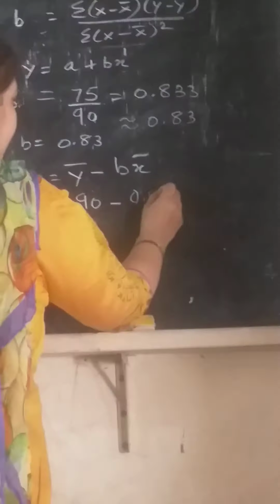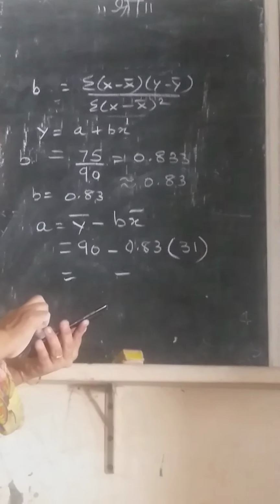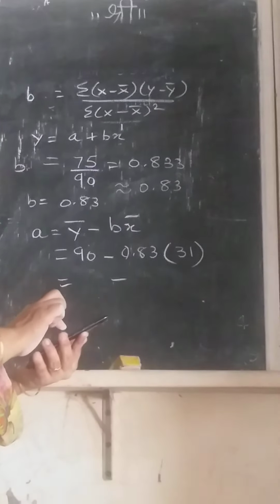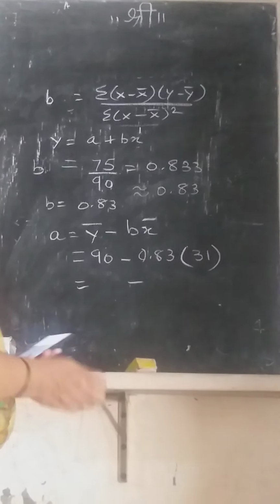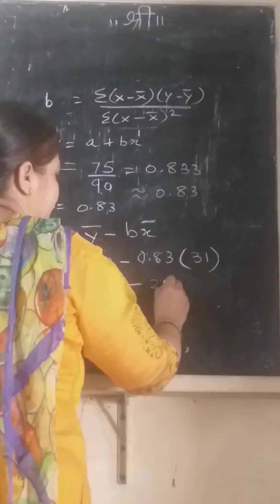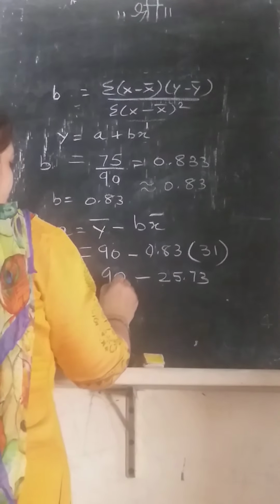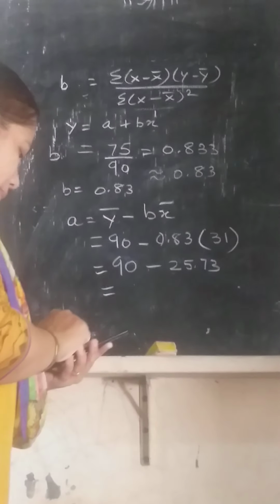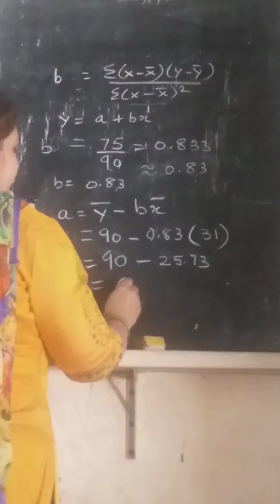It comes out to be 0.83 multiplied by 31, that is 25.73. Now I subtract 25.73 from 90, it comes out to be 64.27.